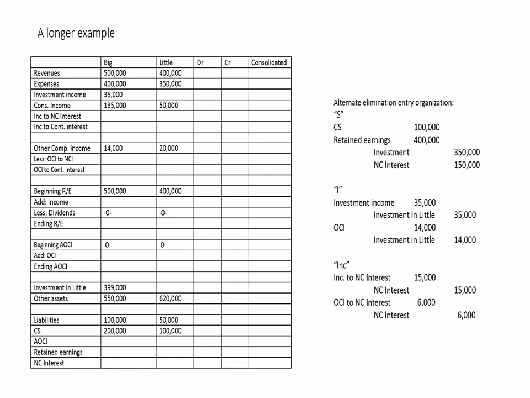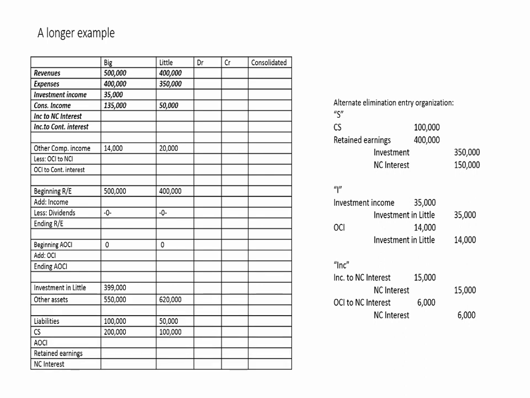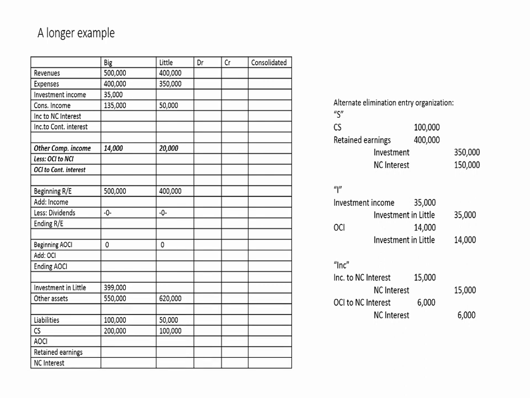So basically the worksheet there is simply the trial balance of Big and Little organized into this worksheet. And you'll note that the worksheet is a little bit different now than it was previously. The top portion is the same as it was before. It's our income statement, revenues less expenses plus investment income, all that stuff is the same. But then directly below that, we put the other comprehensive income statement.